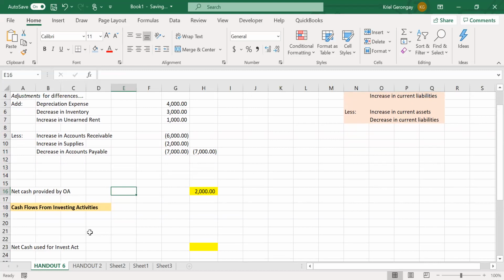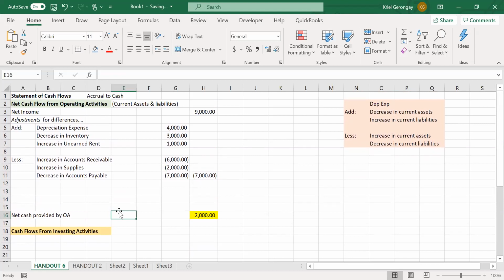Actually, I don't know exactly how the format of your exam is going to be, but as I was telling them earlier, I would highly recommend that you still know the format and the entirety of a statement, to be on the safe side. Because what if he does tell you to type out an entire statement of cash flows from scratch? Okay, cool. Thank you.